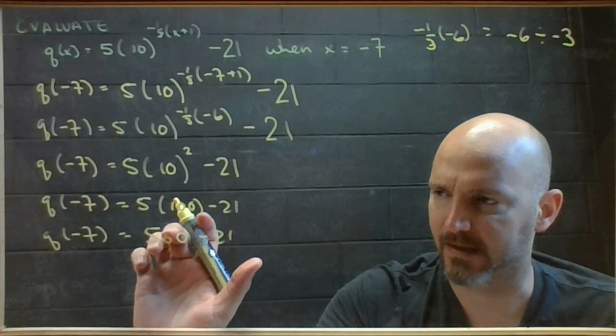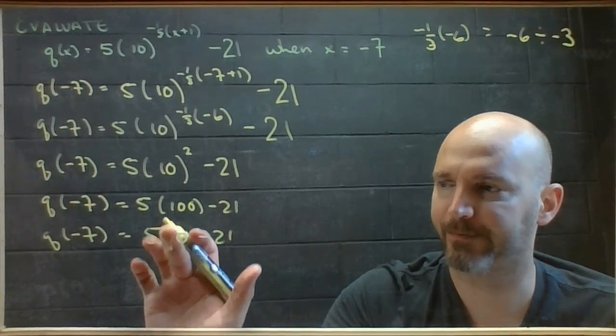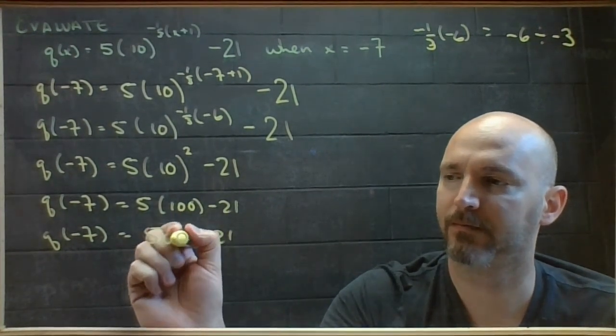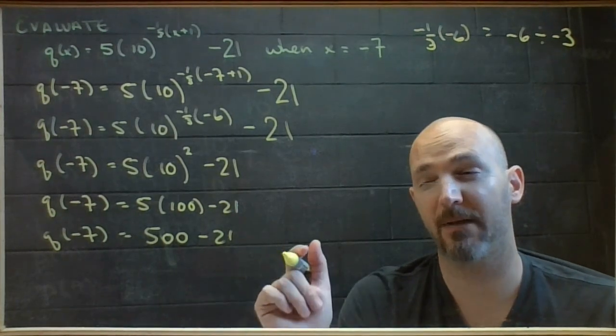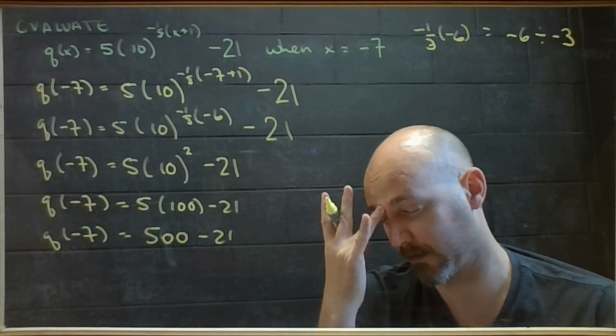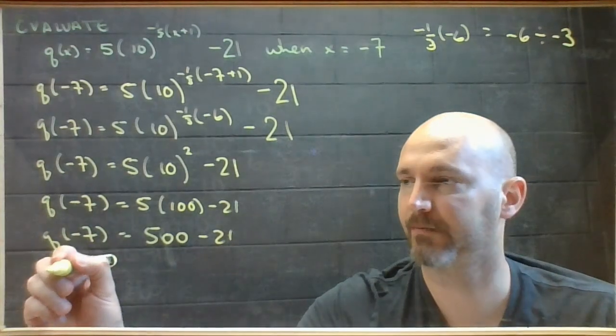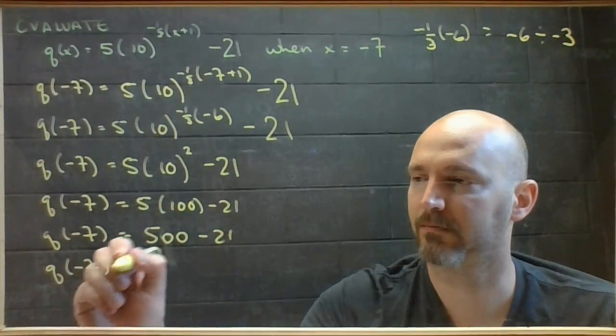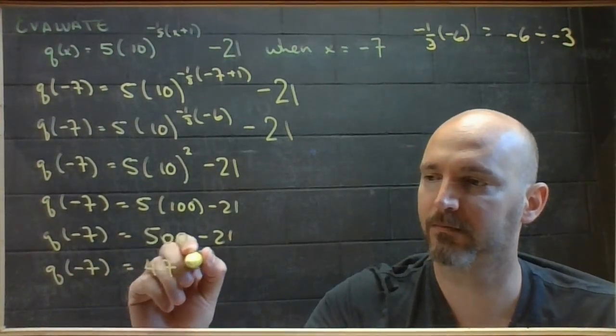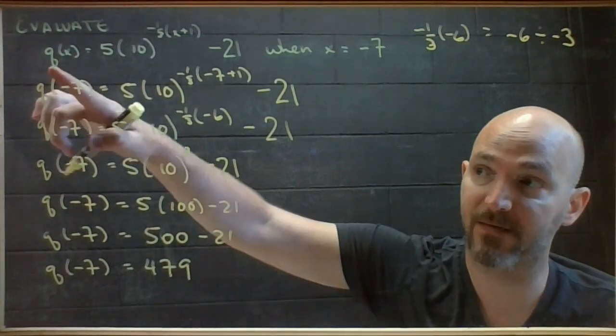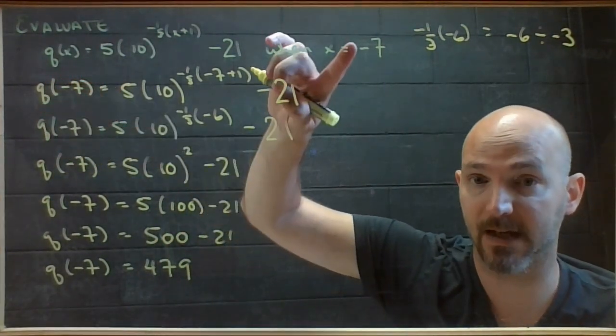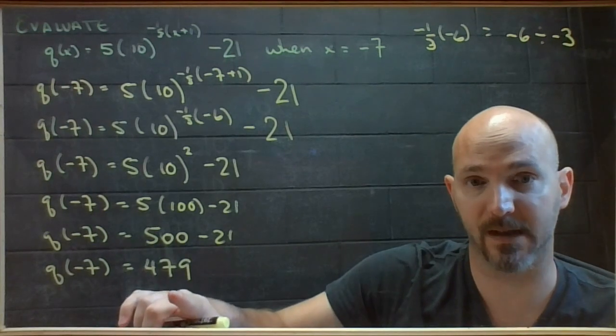Looks like 560, doesn't it? There we go. And 500 minus 21 will be 479. So the value of this function, q, when x is negative 7, is 479.